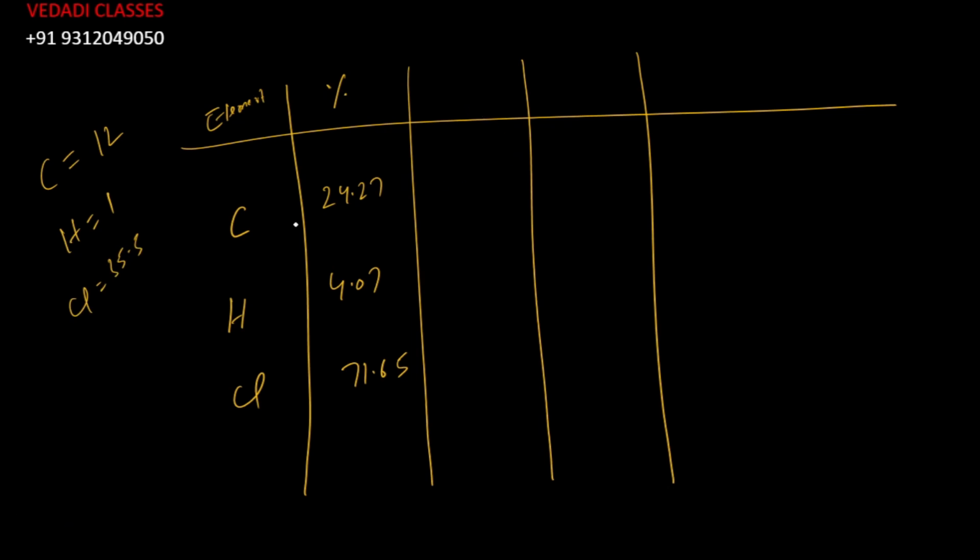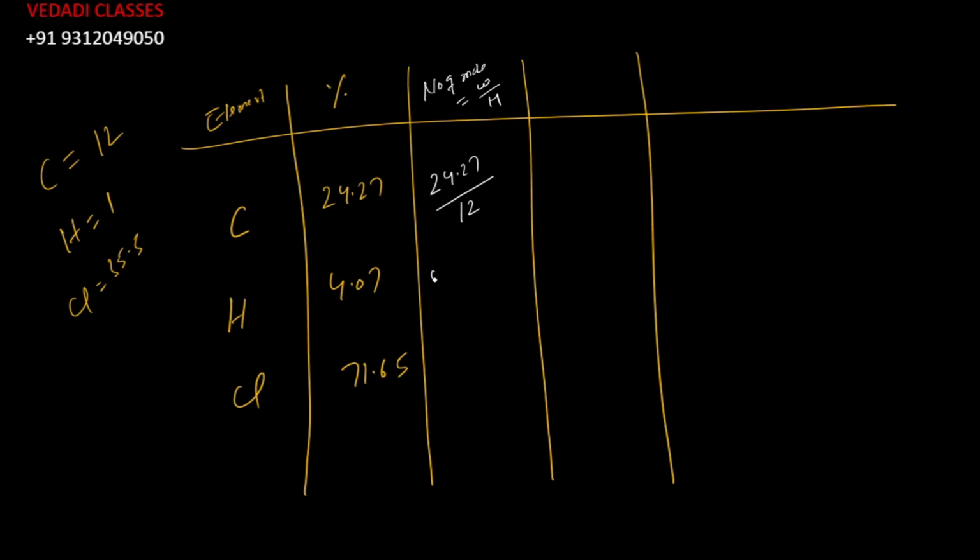Now what you have to do, first, is find the number of moles. As I told you, number of moles is given mass upon molar mass, and the percentage will be used as the given mass. So the number of moles of carbon will be 24.27 divided by 12, the atomic mass of carbon.